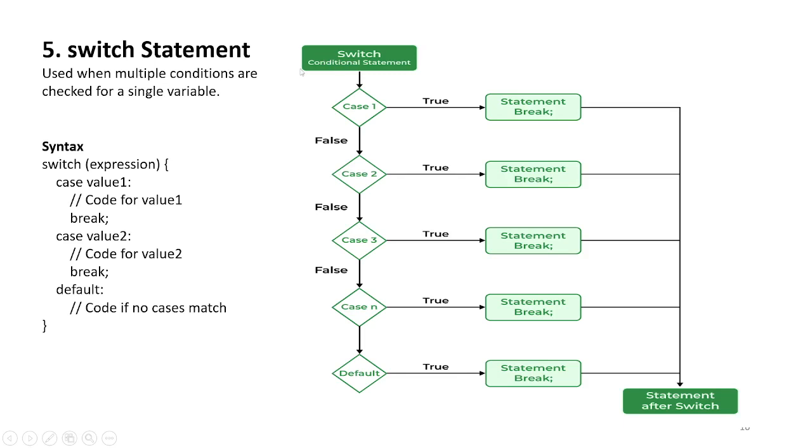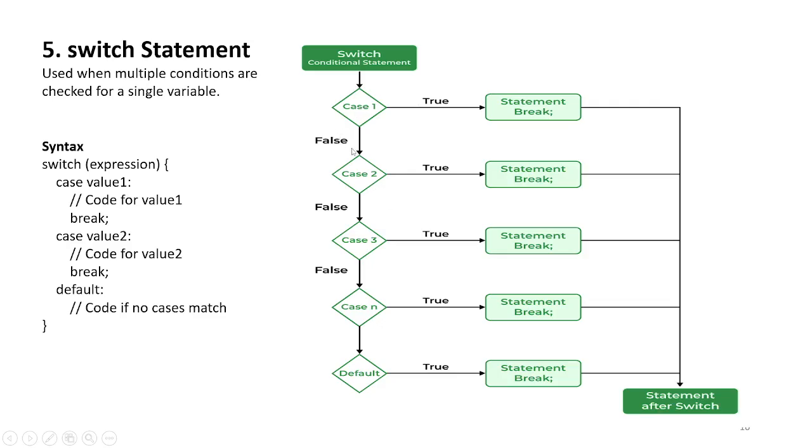Inside switch we are passing the input value. In case 1, it's checking if it's true, meaning if it's matching case 1, then the statement is executed, and it breaks and goes out.